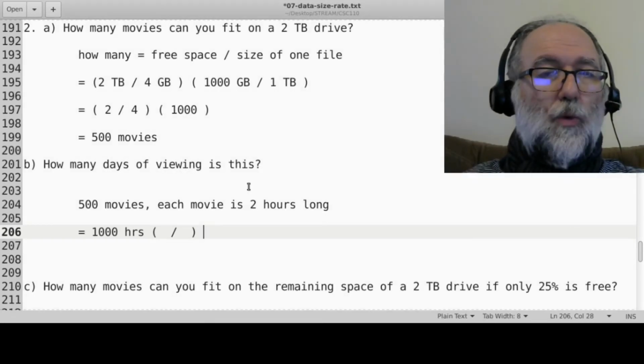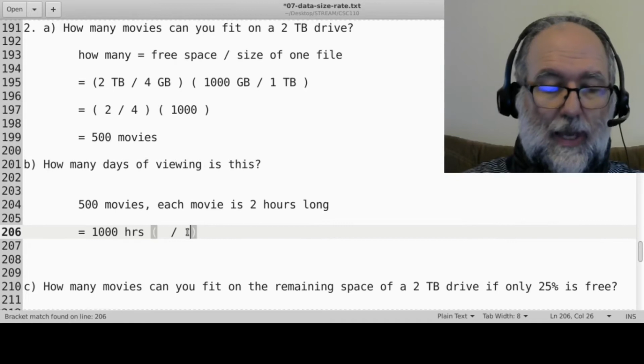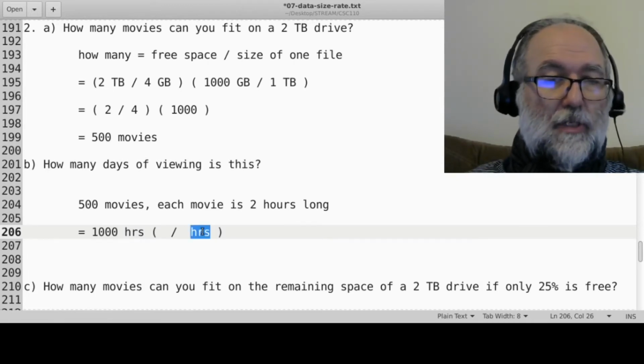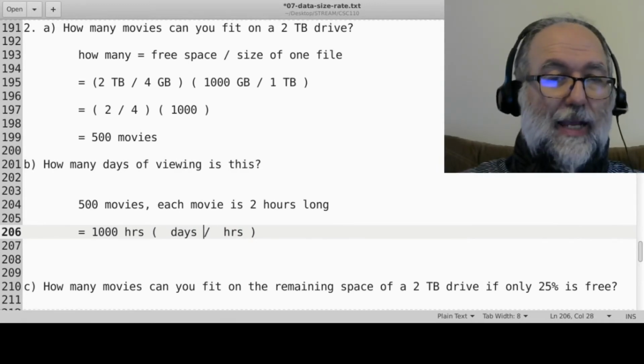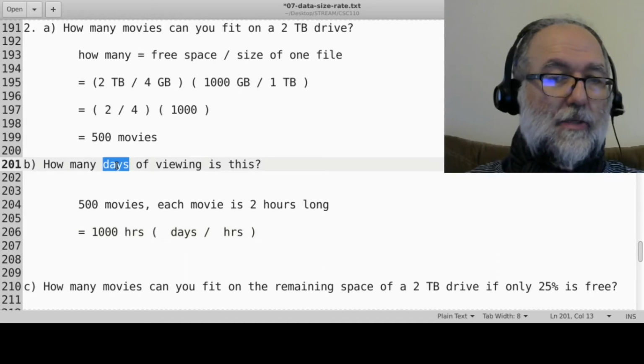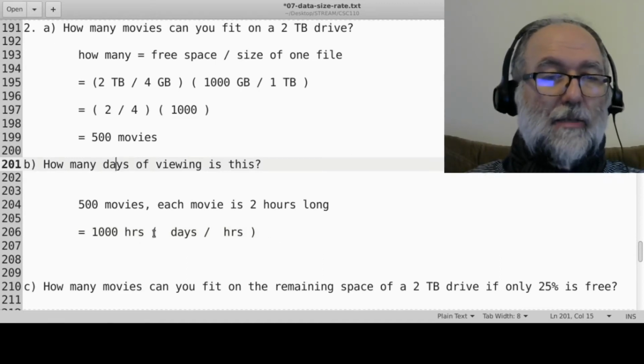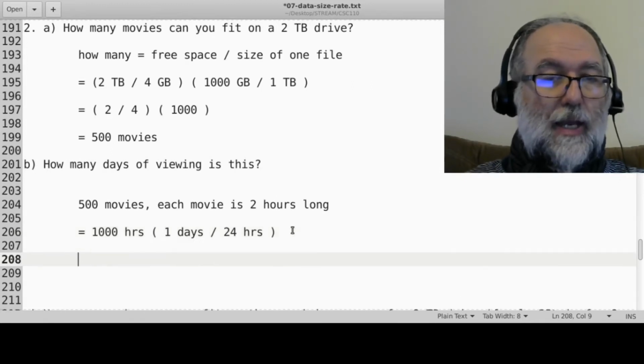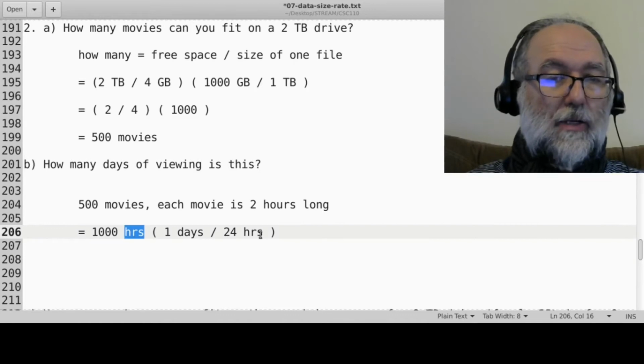We want to eliminate hours, so we'll put the hours in the denominator, so that they cancel. We want to convert that to days, because that's what I ask. I need some numbers in here to make that equal to 1, and 1 day is equal to 24 hours. You'll see now that the hours cancel and the only remaining unit is days.